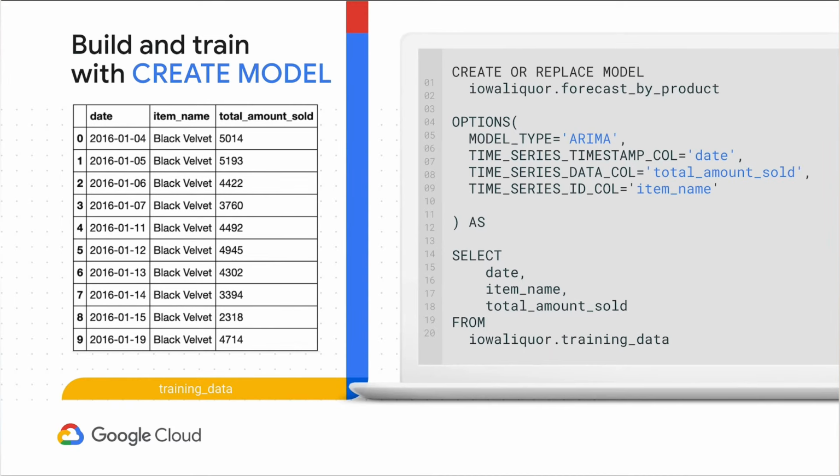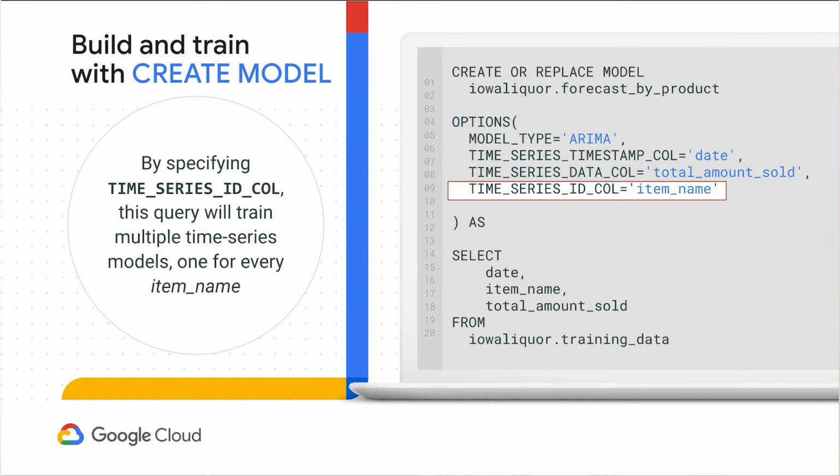By specifying this time series ID column, this item name column, this query is actually going to be training multiple models, where we have one model for each item. So if we have, for example, 10 items, it's going to end up training 10 different models as a result, one for each of your items inside your training data.